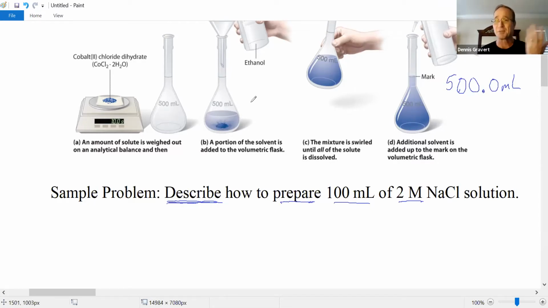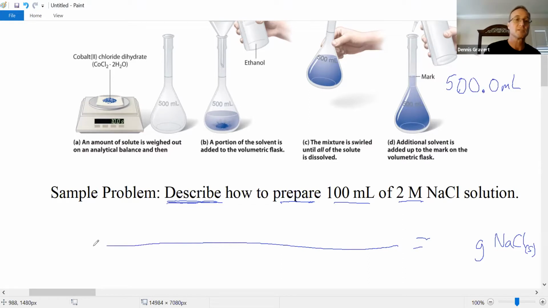Well, this top diagram shows you how to prepare them. Take some solid, dissolve it, and be very precise on the final volume. That's how you do it. So you have to just know that to prepare the solution, you need to start with some sodium chloride crystals. That's what we want, the number of grams of salt crystals.